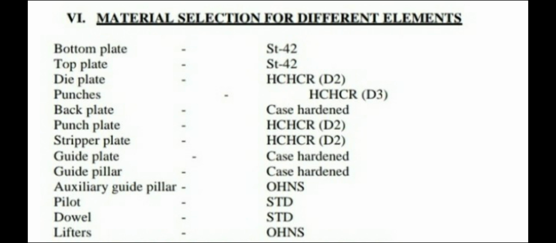Punch plate is HCR-D2. Strip plate is HCR-D2. Then the guide plate should be case hardened. Guide pillar, the material used is case hardened. An auxiliary guide pillar is OHNS. Pilot is STD. Then dowel, the material is STD. And lifters are made up of OHNS.